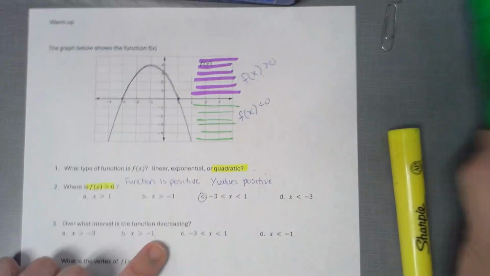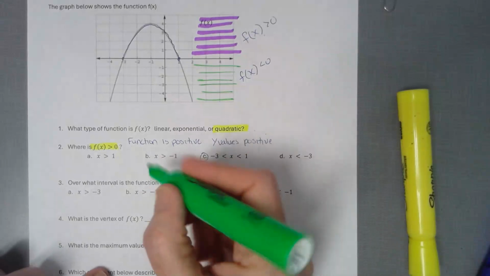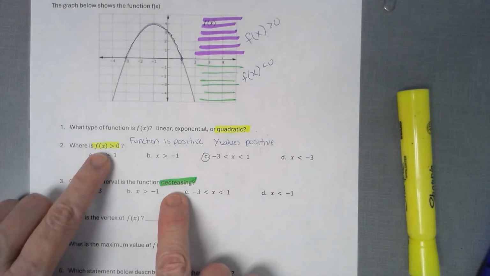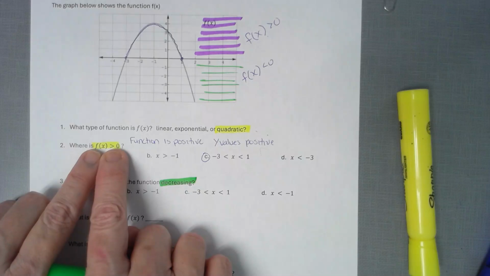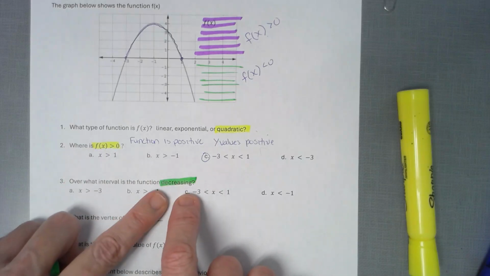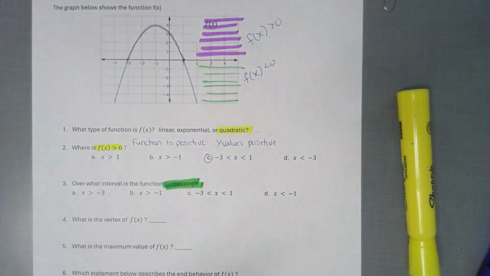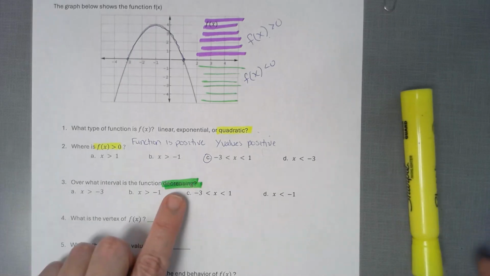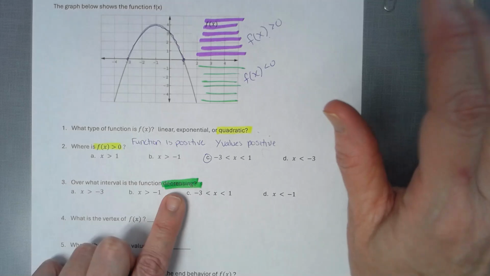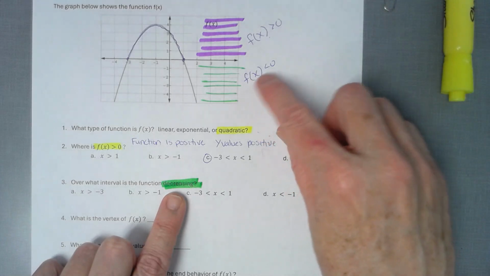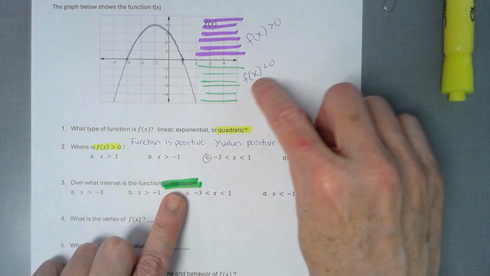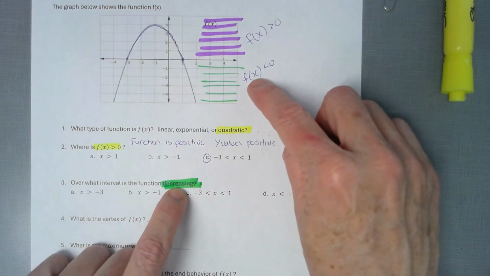Okay, next, something totally different. Where is it decreasing? Folks, you need to understand something. Where the function is positive or negative and where it's decreasing, those are not the same characteristics at all. In the last class, I had a student who said, I thought where the function is negative would be decreasing.